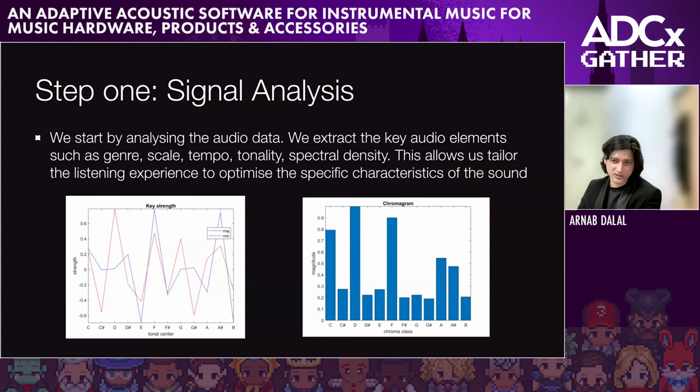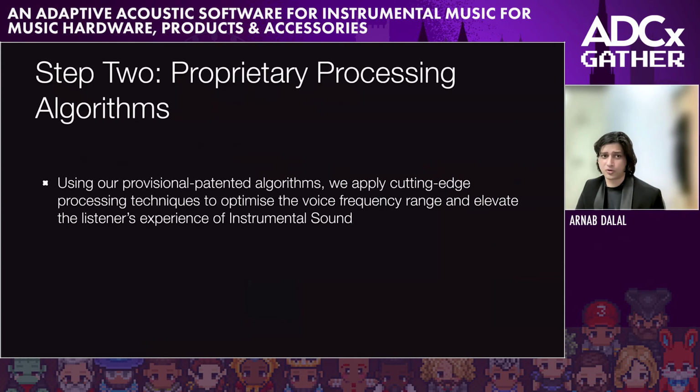Before we apply the processing tools, we have to analyze the signal down to its very core. We have to get all the fundamental properties from the sound. Once we have that, we are using our provisional patented algorithm. We apply cutting edge processing techniques.